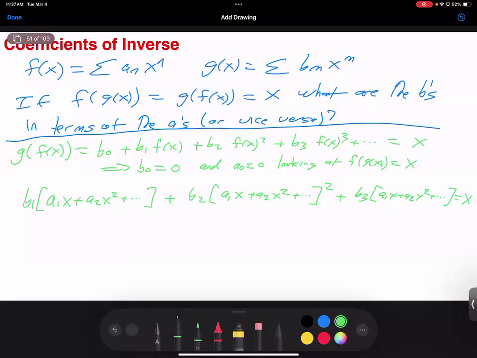What's the only way I can get a linear term? B1 and 1x. Yeah, so when I look at this, I'm going to get a b1 a1 x. That's the only linear term. How can I get a quadratic term?